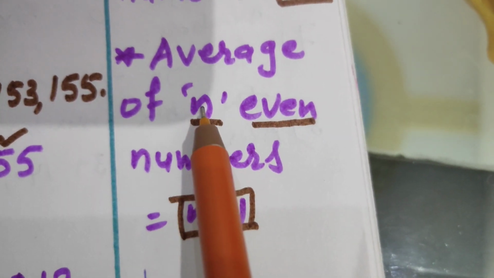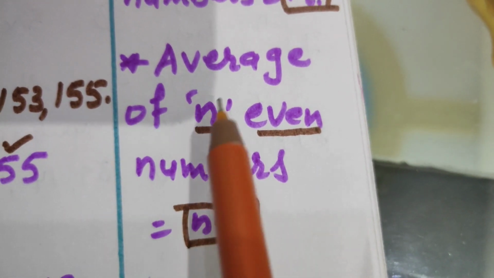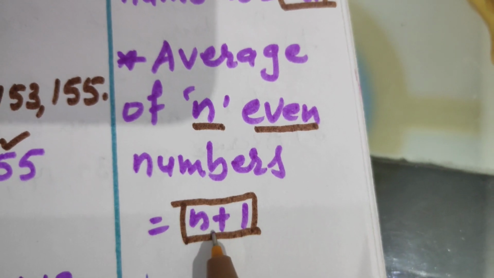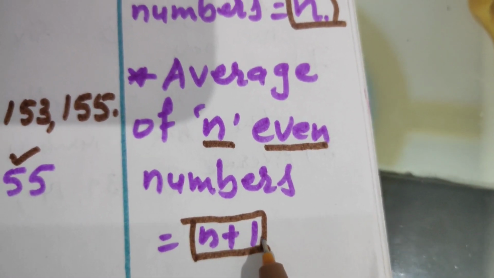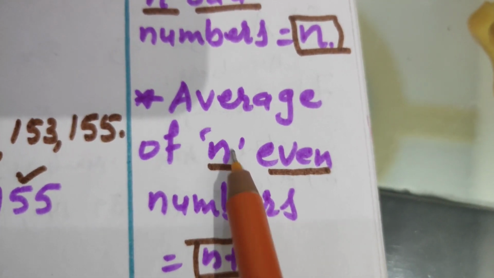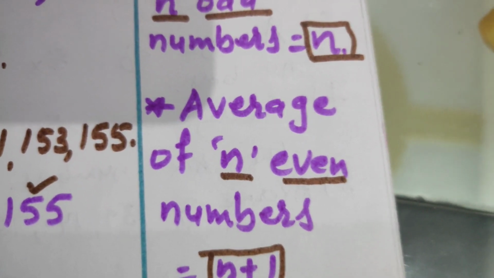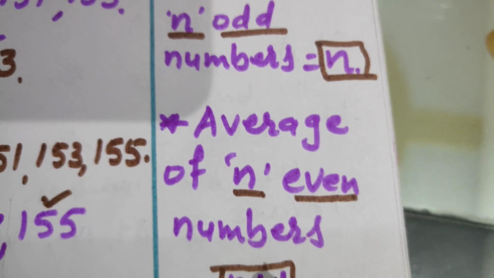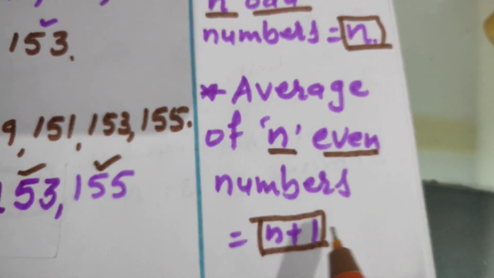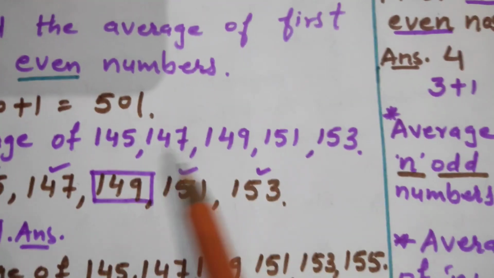If the numbers are 3, my answer is 3 plus 1, 4. If numbers are 5, my answer is 6, 5 plus 1. If numbers are 1000, my answer is 1000 plus 1, 1001. I hope you don't need to memorize it and you will always keep it in mind.